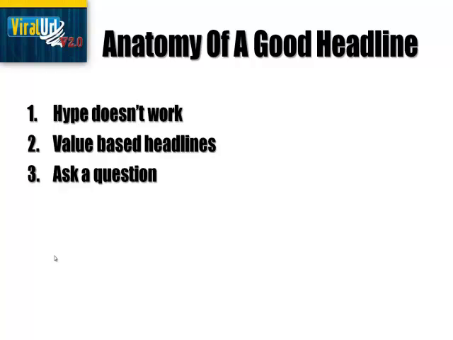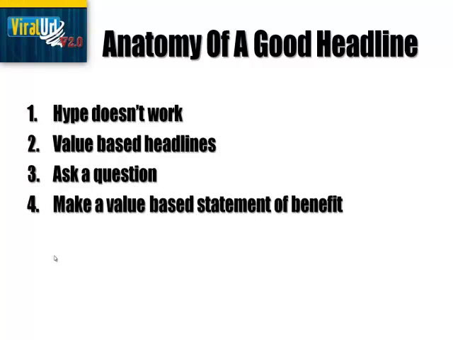And in a minute here, I'm going to go over with you what I call the formula for persuasion, and this will really help you as you put together your email structure, headlines, email body copy, everything. So next, make a value-based statement of benefit. It could be where you hone in on what it's about, this is what I have.